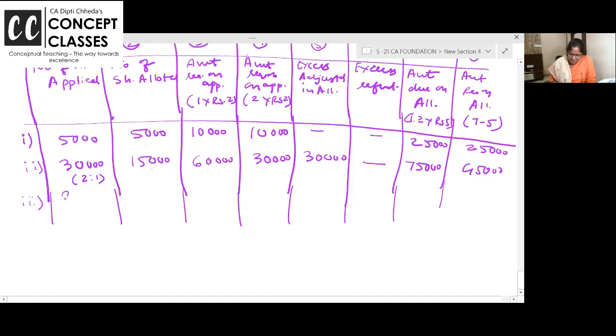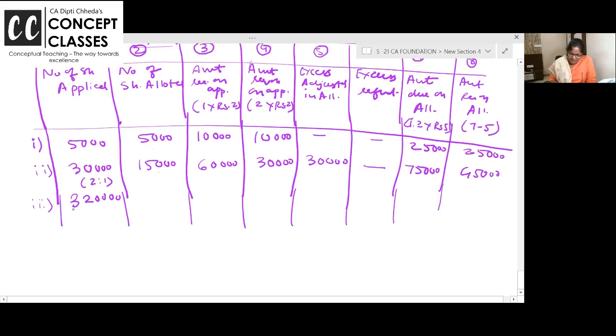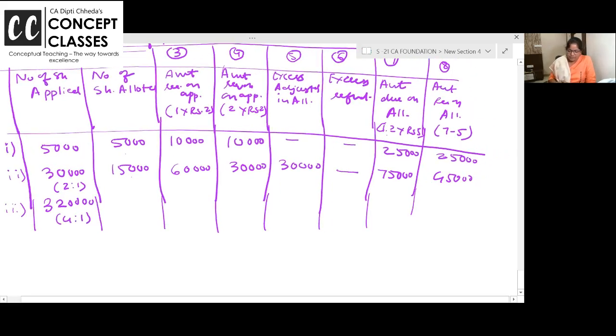Third category. 3,20,000 applications are received. 4:1 ratio allotment is done. So 320 को आप कितना allot करोगे? 80,000.